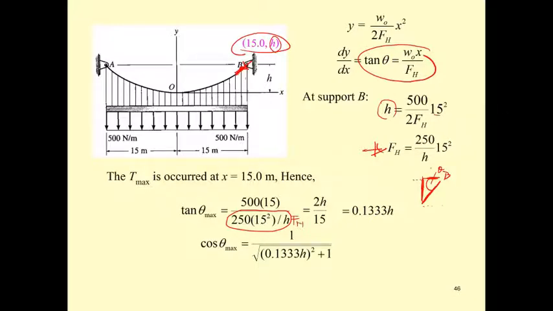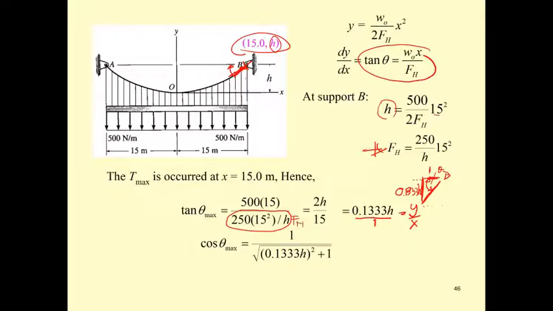This one should be 1, and this one is 0.1333 h. See, this is your B, right? This is your angle. Okay, and then you have this, and this is going to be y divided by x. So this is the y, and divided by x equal to 1.